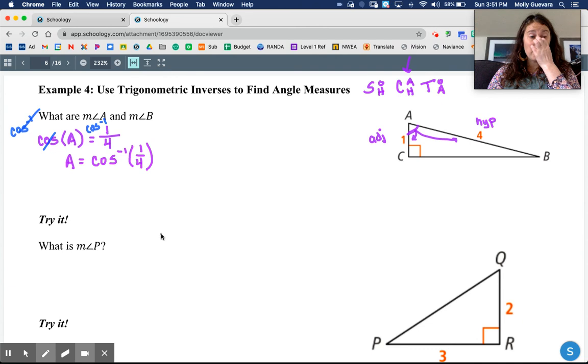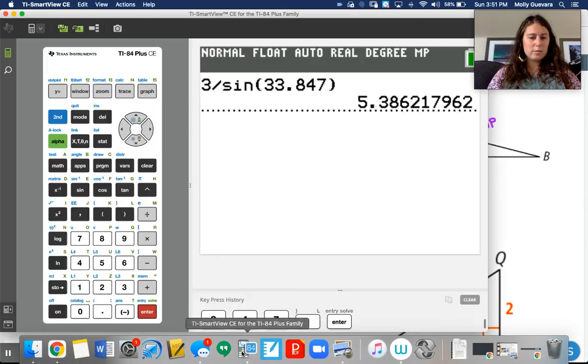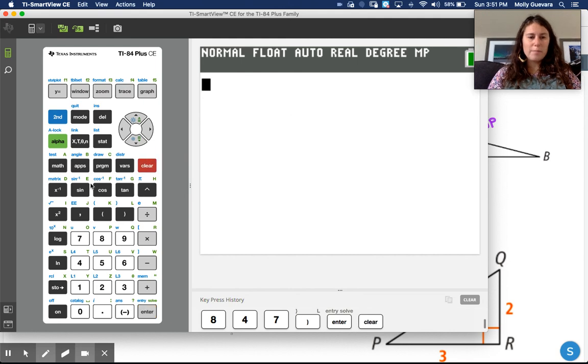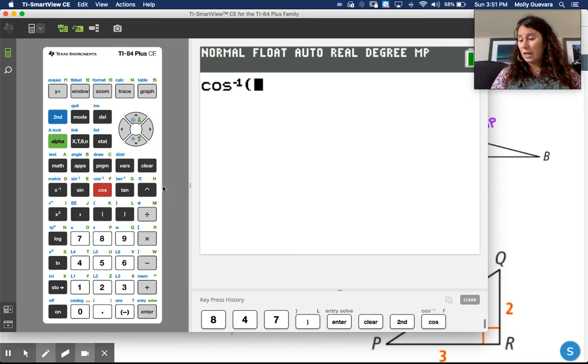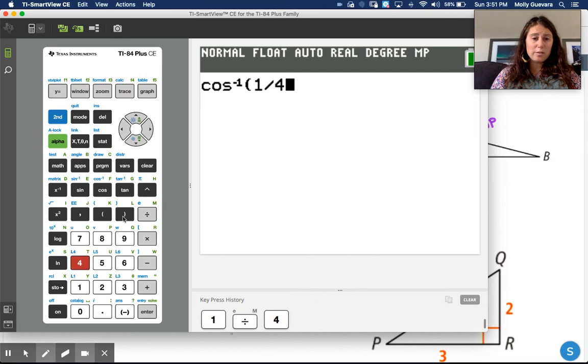Okay, and I'm going to show you how to do that in your graphing calculator, or scientific. Either way, above sine, do you see above sine there's sine -1, above cosine there's cosine -1, and above tangent, tangent -1? Those are your inverse functions. So to get to those, you hit second, and then I want the cosine inverse of 1 divided by 4.